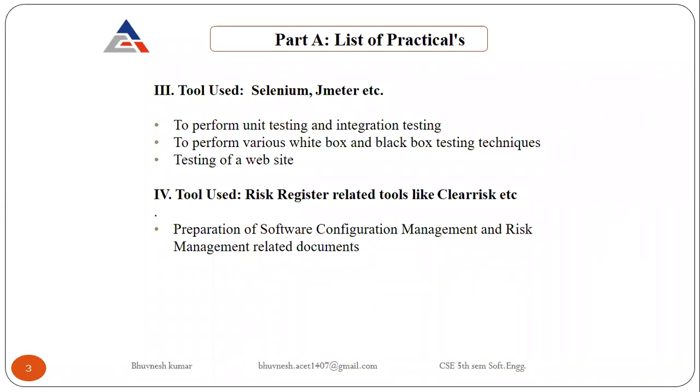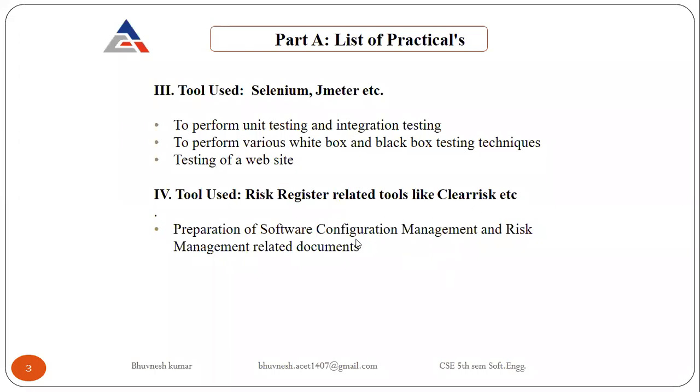Then there is website testing. If we are creating any web application or website, there is a different tool to test that code. Then, to assess risk or to configure your software, the tool we will use is a risk register, and the name of that tool is the Clear Risk tool.